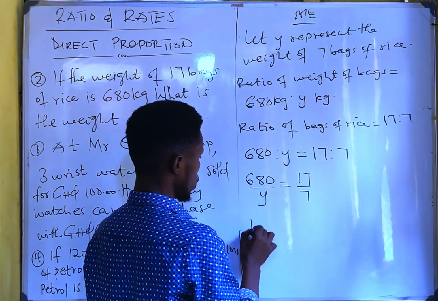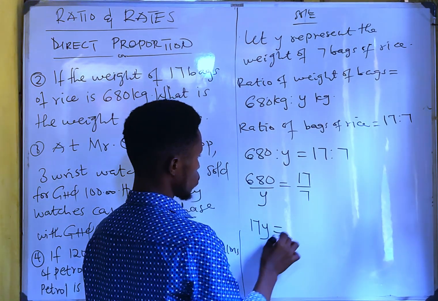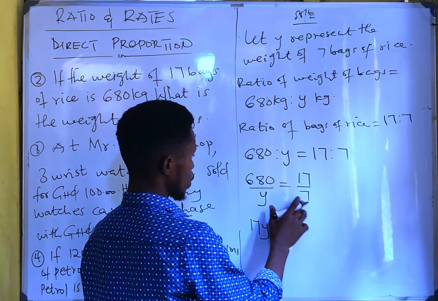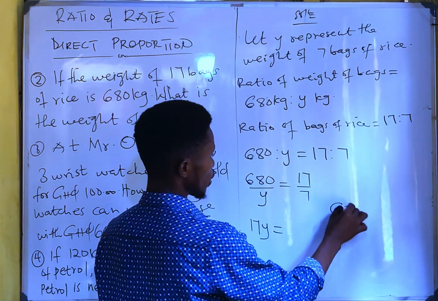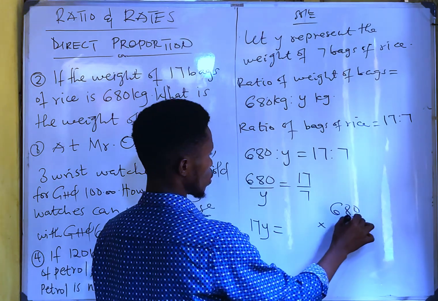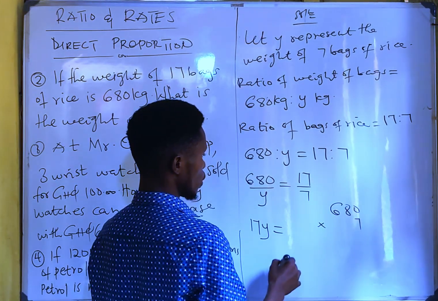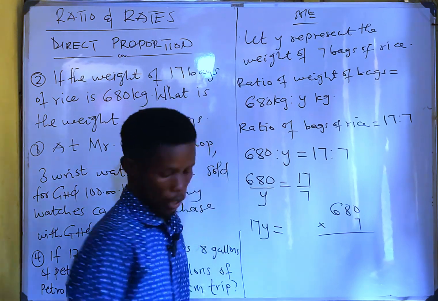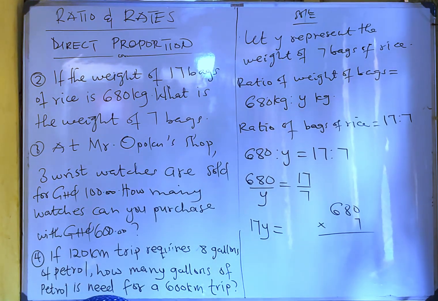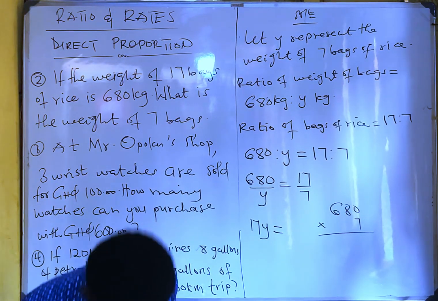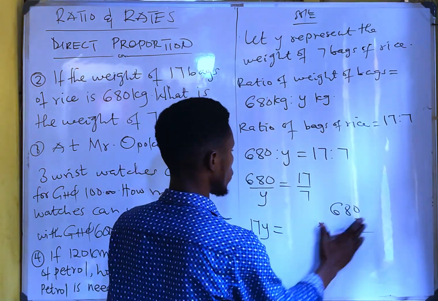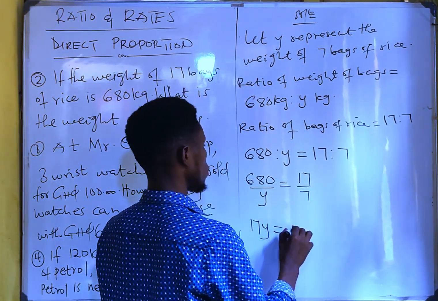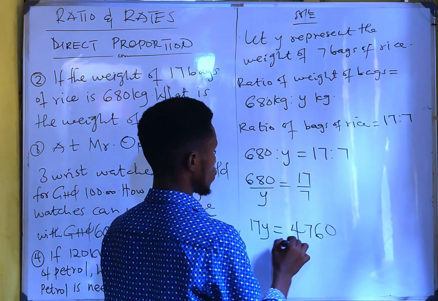y times 17 is 17y equals 7 times 680. Is that okay? So if you multiply this, let me use a calculator. I can't waste my time there. You have 4760.